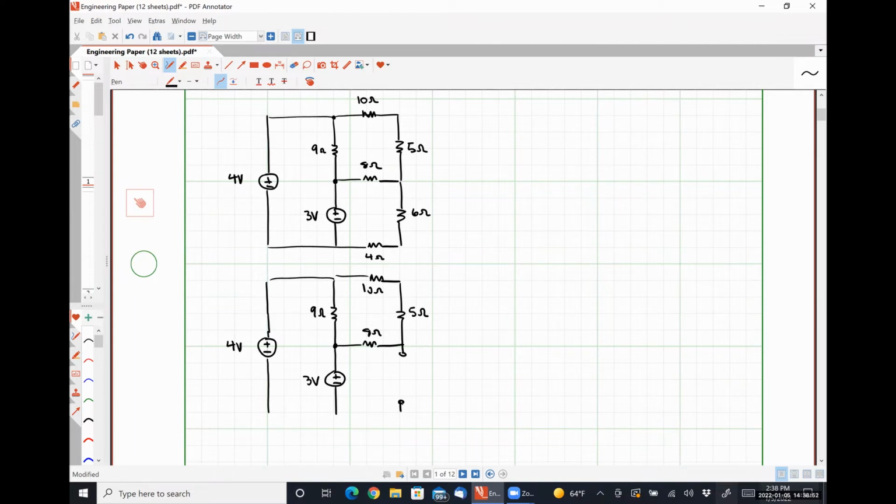So I'm replacing my 6 ohm resistor with an open circuit set of terminals.